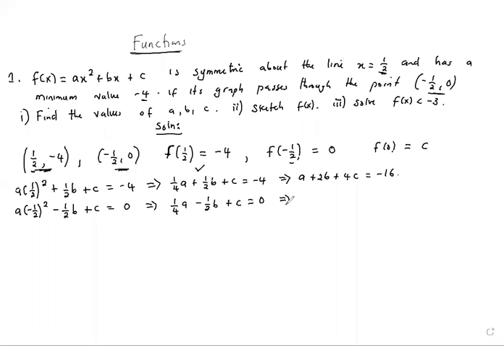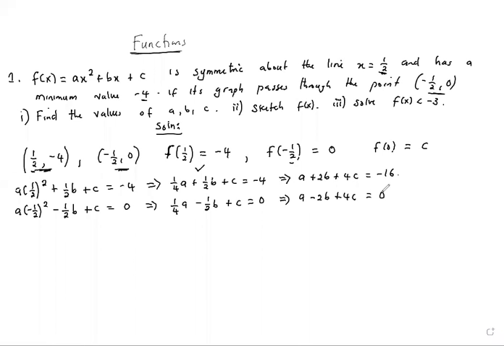We multiply it throughout by 4 again. We have a minus 2b plus 4c is equal to 0. From 12 to 15, I've got classes. And we should get the value of a, b, and c.